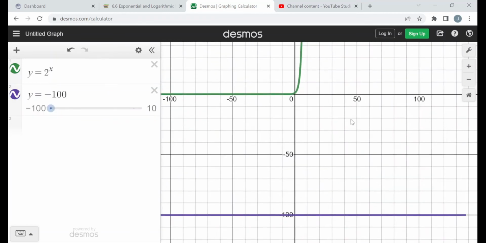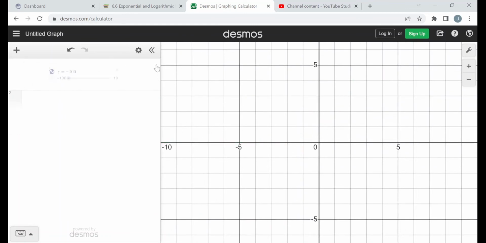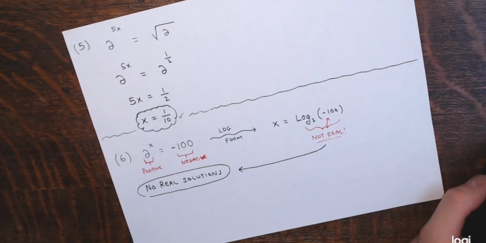But you see where the graph of y equals negative 100 is way down here, this purple horizontal line. And y equals 2 to the x is this graph up here, all above the x-axis. They're never touching, right? They're never going to cross each other. So there's no solution. Right? Okay? Great.